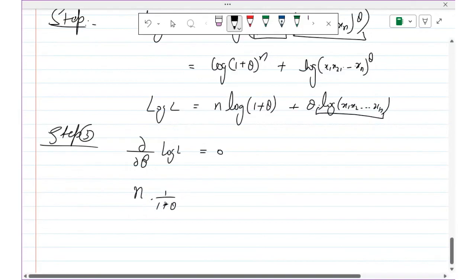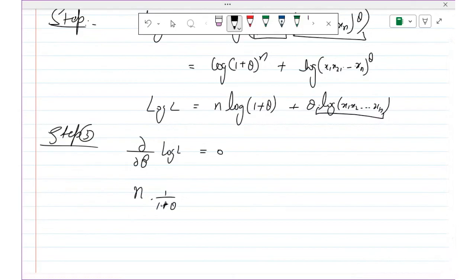The derivative of 1 is 0, the derivative of theta is 1, so you get only this term. The derivative of theta with respect to theta is 1, so you get log of x1 into x2 up to xn is equal to 0.